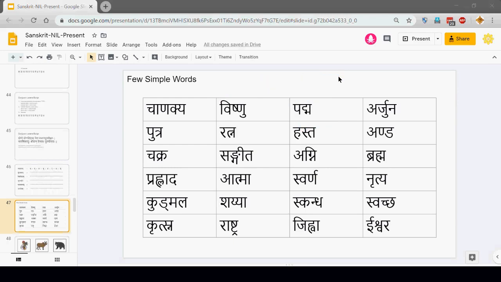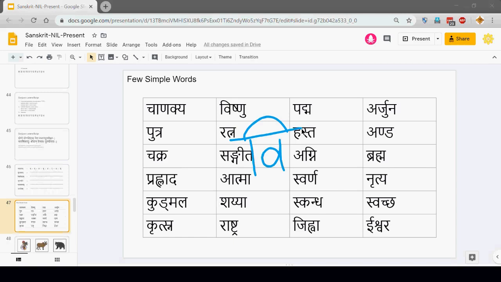Now again, whenever there is a consonant cluster, for ease of understanding, you can try splitting them into individual letters. In Vishnu, V is simple, then there is a conjunct letter. Split that.